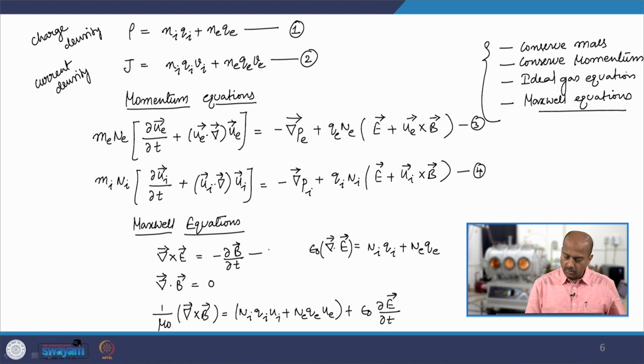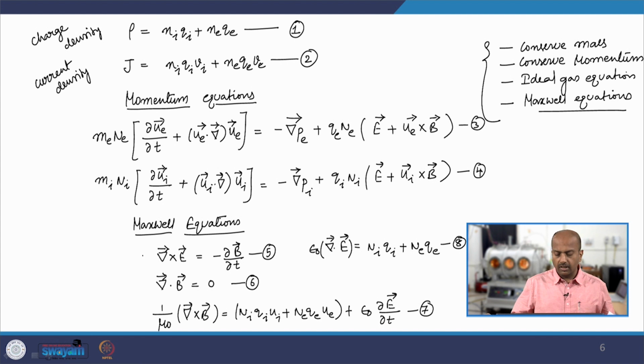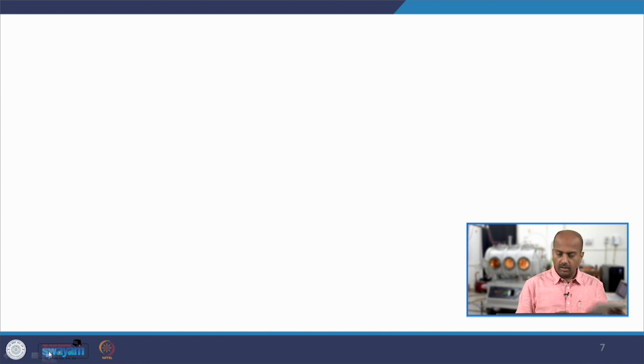Let us call these equations number 5, 6, 7 and 8. We have 4 Maxwell equations. I have just written them here. Okay. Then what else? You have to write the equation pertaining to the conservation of mass, which is the continuity equation. So, we have to write the continuity equation for the electron fluid as well as for the ion fluid.